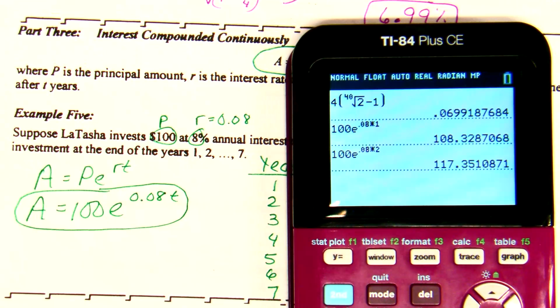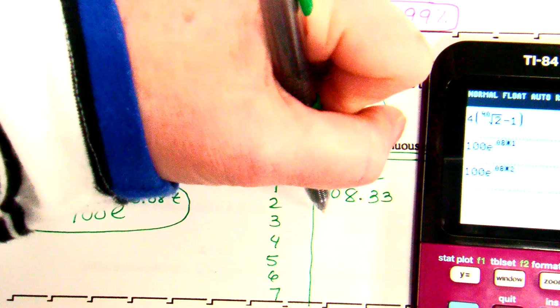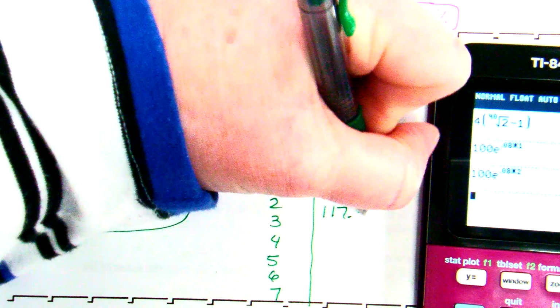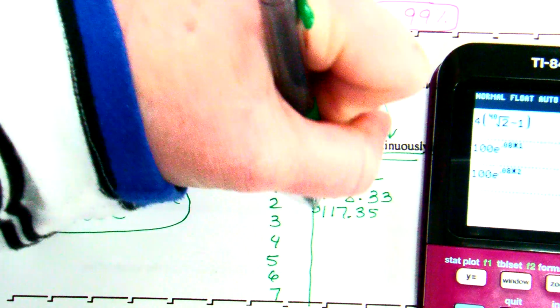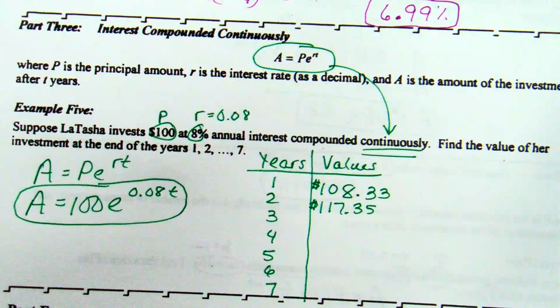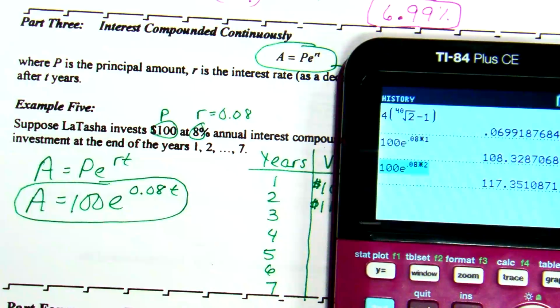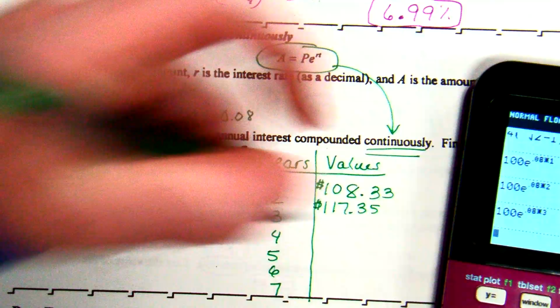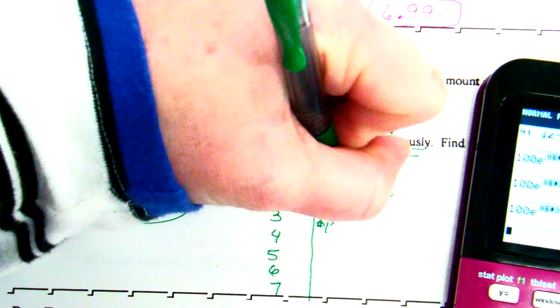You could also set up a table if you wanted to. But I don't have time to remind you how to do the table. So $117.35. I'm going to go up, copy it again, change my 2 to a 3. $127.12.